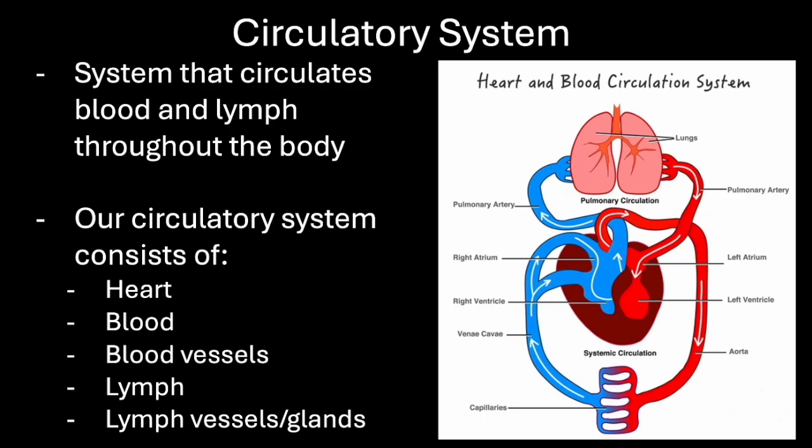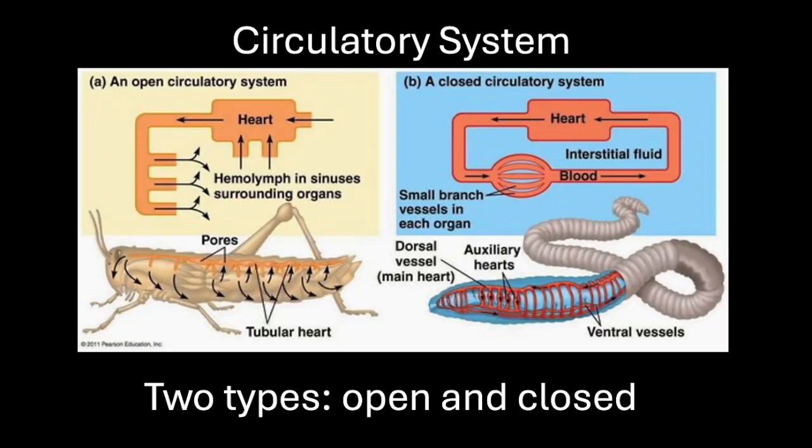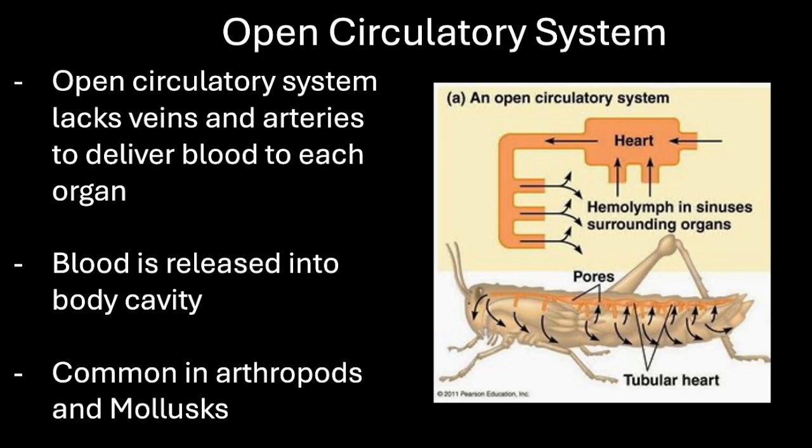There are two types of circulatory systems: open circulatory systems and closed circulatory systems. Open circulatory systems lack veins and arteries to deliver blood, so they're just releasing blood into the entire body cavity of these animals. This is really common with arthropods or mollusks.